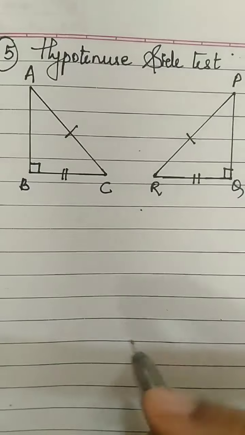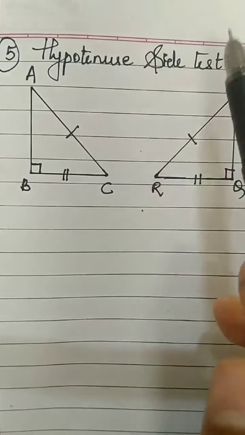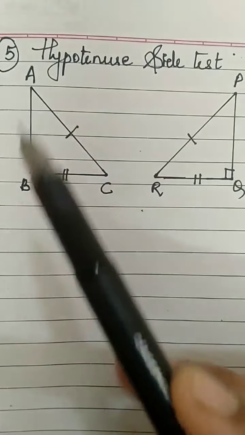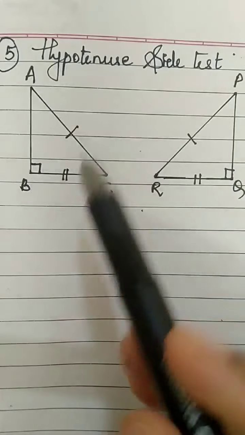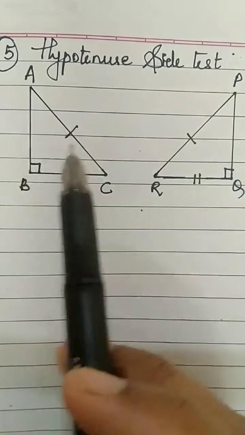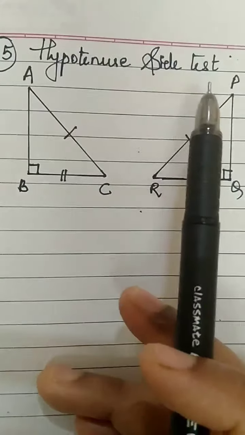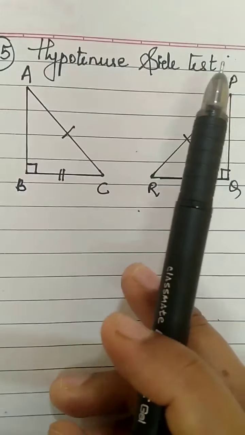Coming on to the fifth type of test of congruence of triangle, hypotenuse side test. Whenever you see a right angle triangle, that is whenever you are given right angle triangles, you have to first test for hypotenuse side test. Then only go for SSS or SAS or whichever test.